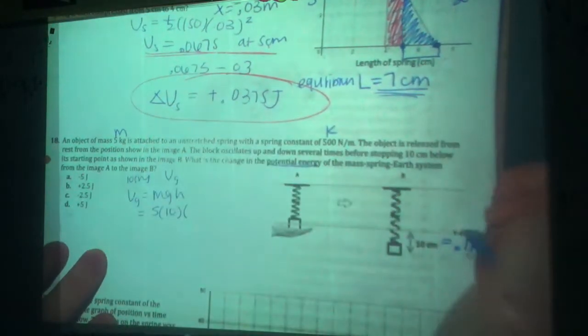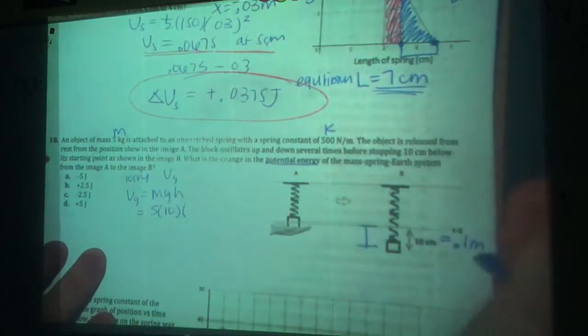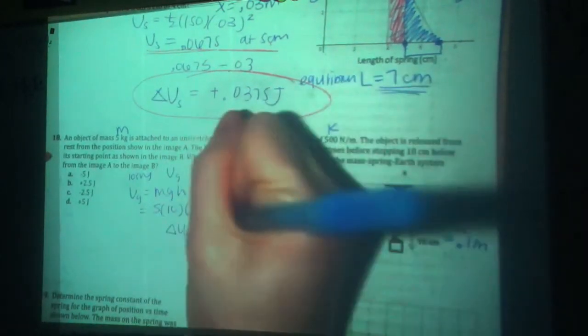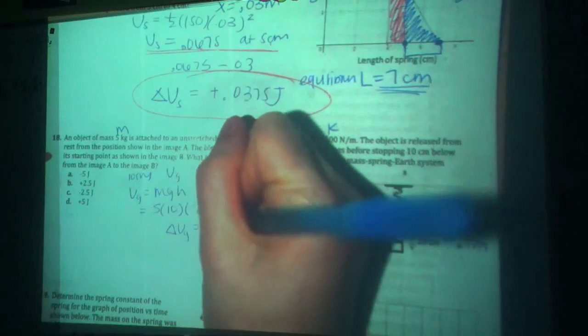I know that I'm losing gravitational potential energy, which is just mgh: mass of 5, g we'll use 10, and the height that it went down, 0.1 meters. You could think about it as negative, or you just know that you're losing because it fell down. So the change in gravitational energy is that it's losing 5 joules.